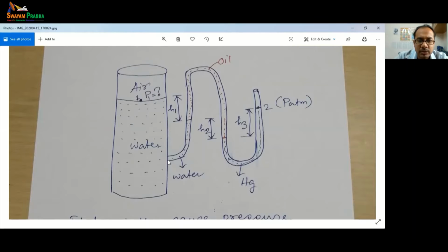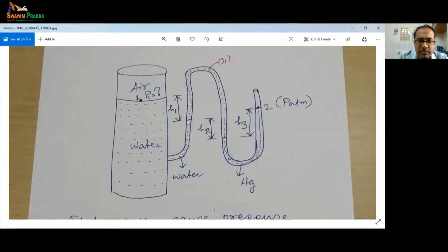We have a very long tube which is bent multiple times, and this tube is open to the water in the left hand side tank. How is this constructed?